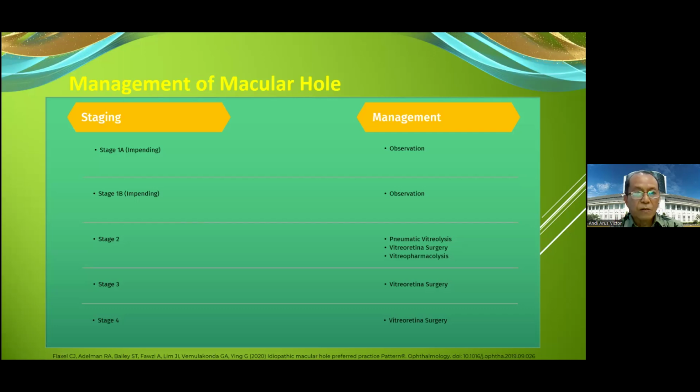Management of macular hole: in stage 1, we usually observe. In stage 2, we can use pneumatic vitreolysis or vitreopharmacolysis, and in some patients we can do vitreoretinal surgery. And for stage 3 and stage 4, we do vitreoretinal surgery.